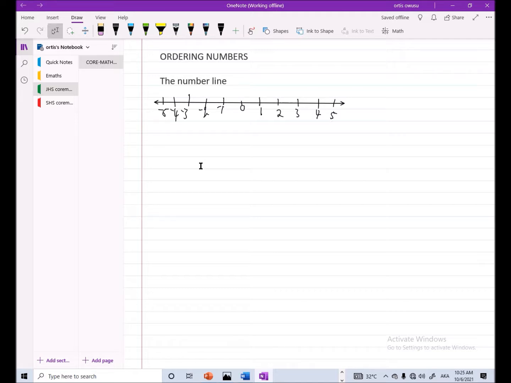And we are saying that a number on the number line is always greater than any number on its left and smaller than any number on its right. So you know your left and right, you get it.